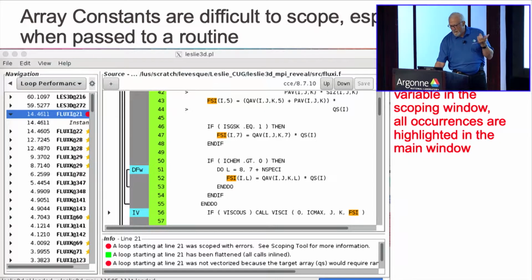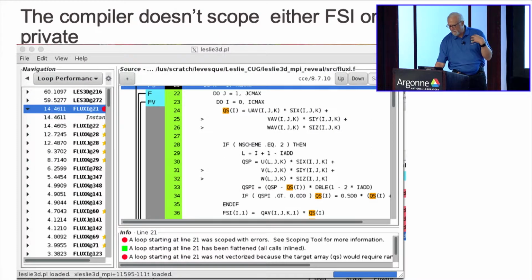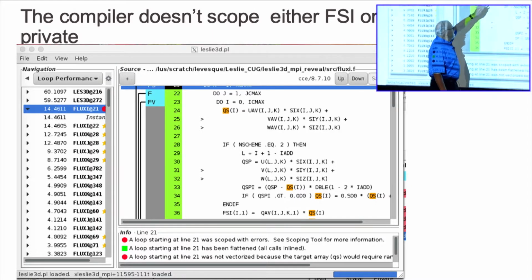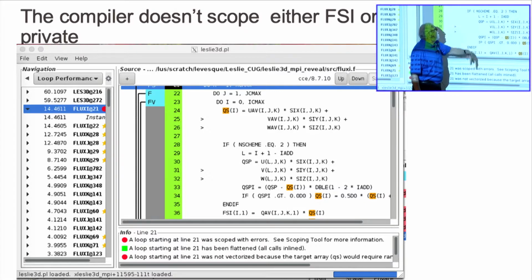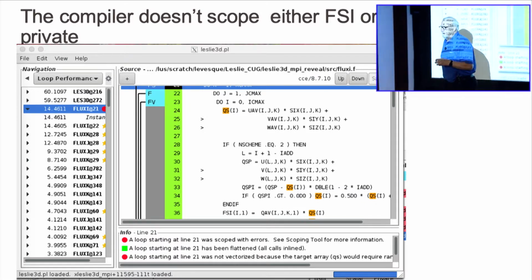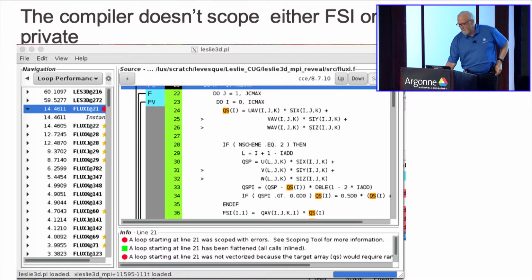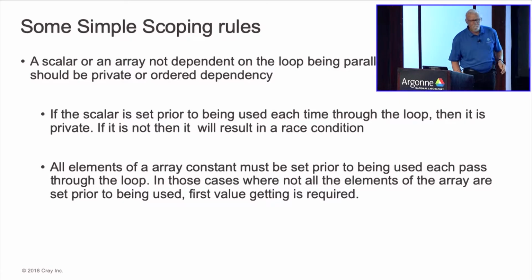So I look at this and I said, hey, we're okay here. And another one was QS, and it's a similar kind of thing. And then there's some other crazy scalar things that I submitted as bugs because the compiler should have done it.